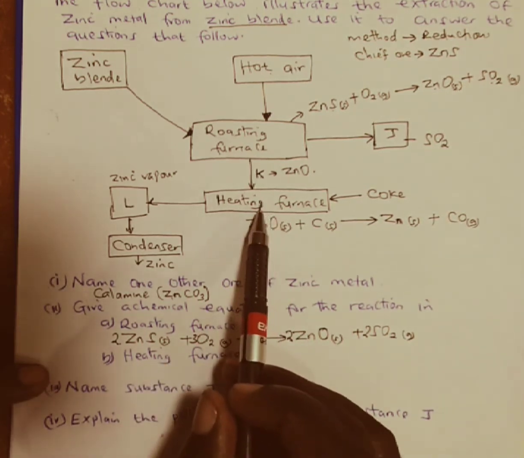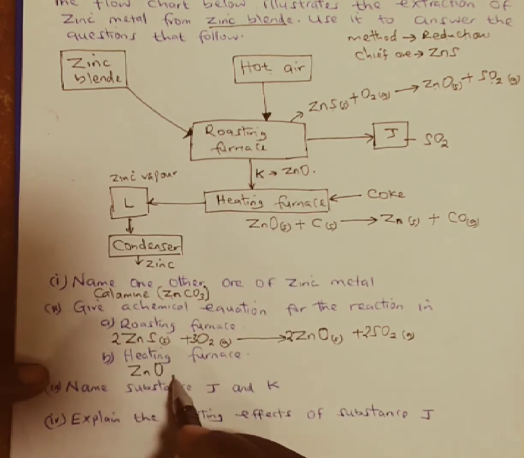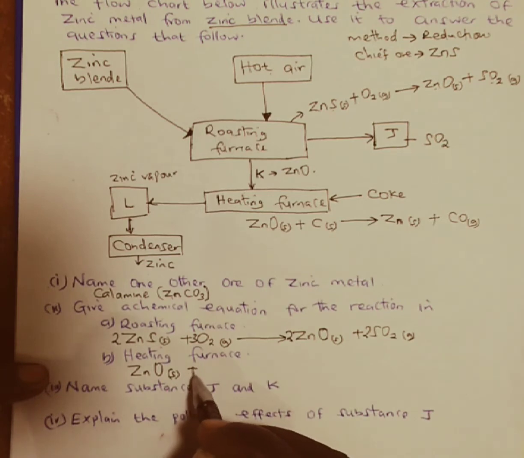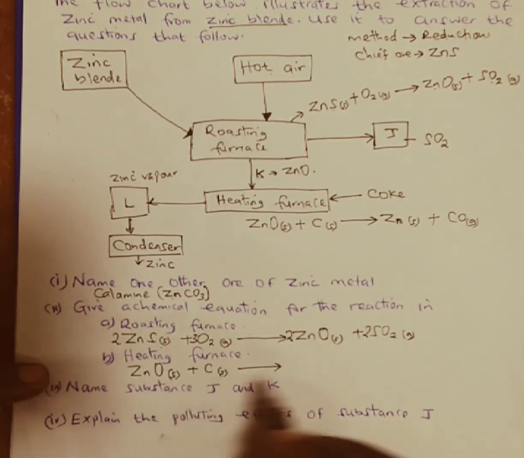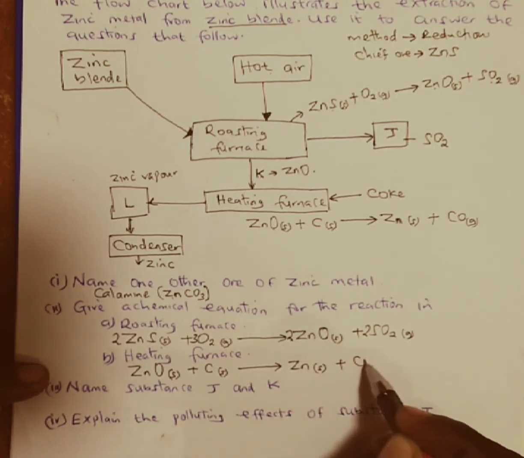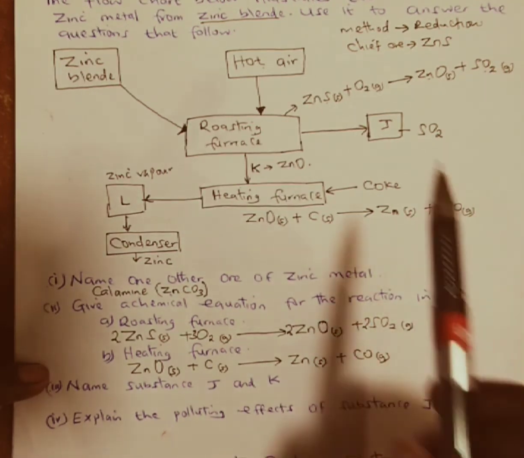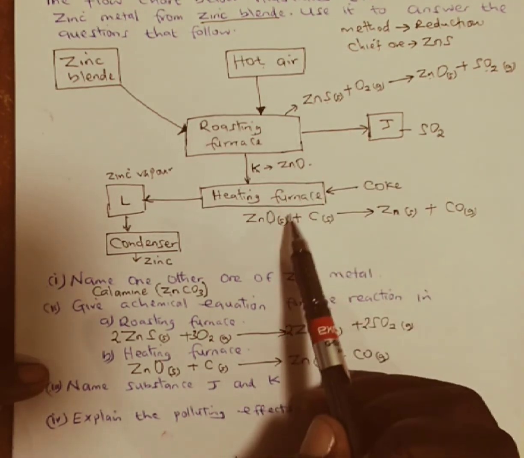We are also supposed to do an equation for the reaction in the heating furnace. In the heating furnace is where we have zinc oxide, a solid, being reacted with coke, which is carbon, and this one gives us zinc metal plus carbon 2 oxide, which is a gas, which we have already done up here.